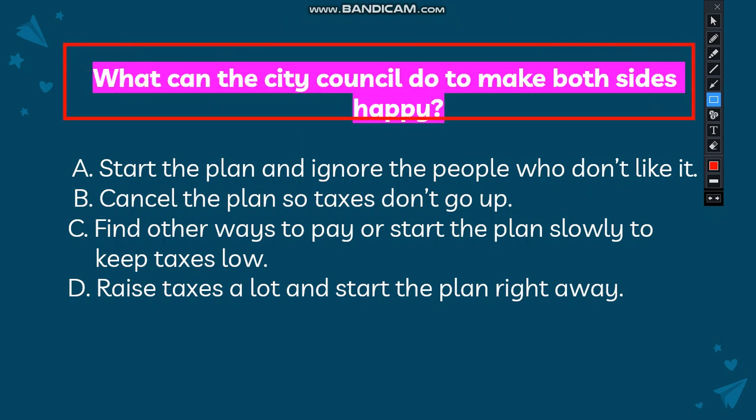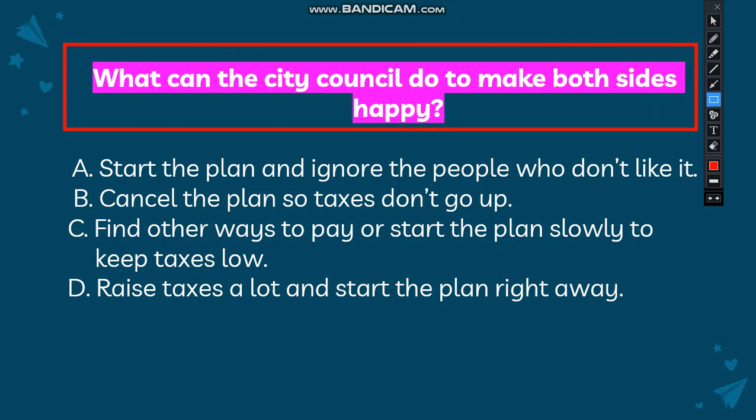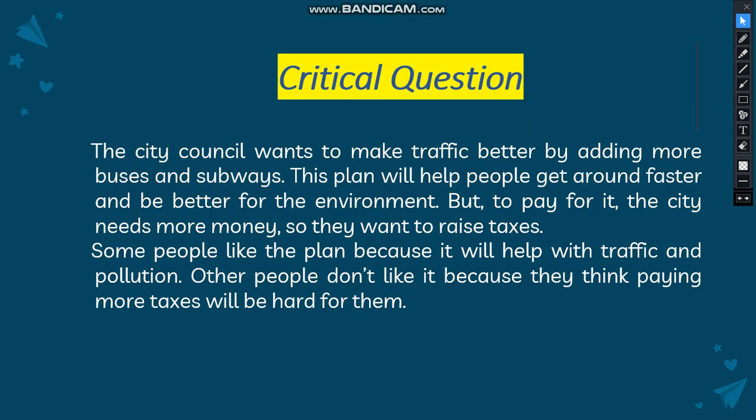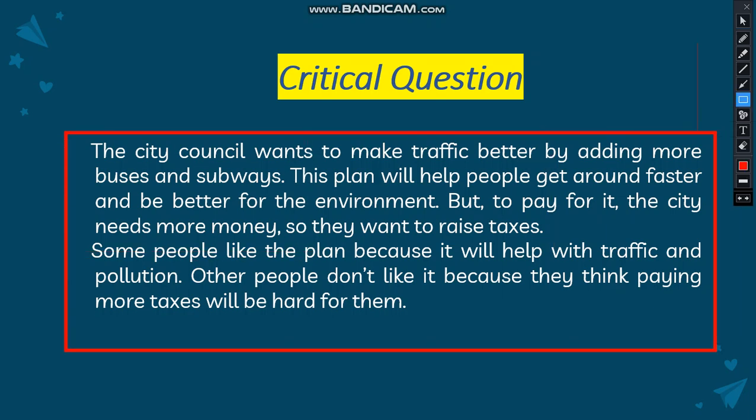Because there is no explicit information about this question in the text. However, if you have to answer this question, you have to analyze things. That means let's get back to the text and try to answer this question using other techniques, by giving some value judgment. Now if you see this text, it does not explicitly tell what the city council needs to do.